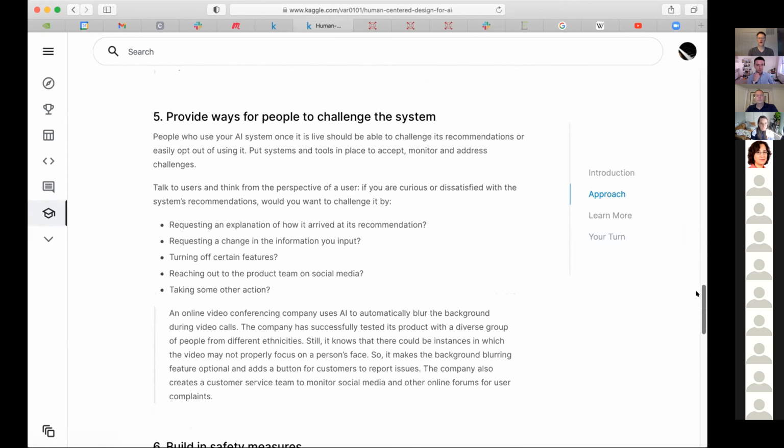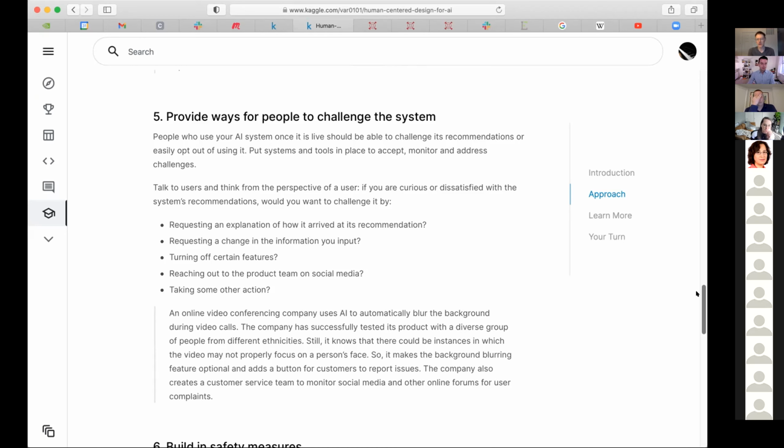Number 5, provide ways for people to challenge the system. This is really crucial, actually, because no matter how much thought you're going to put into your system, there's always going to be something that you didn't think of. There's going to be ways that your system can be broken, ways that your system can discriminate in ways that you didn't anticipate, ways that it could cause harm in other ways.